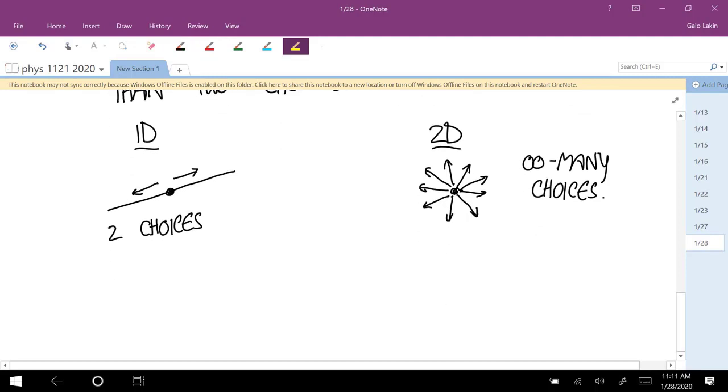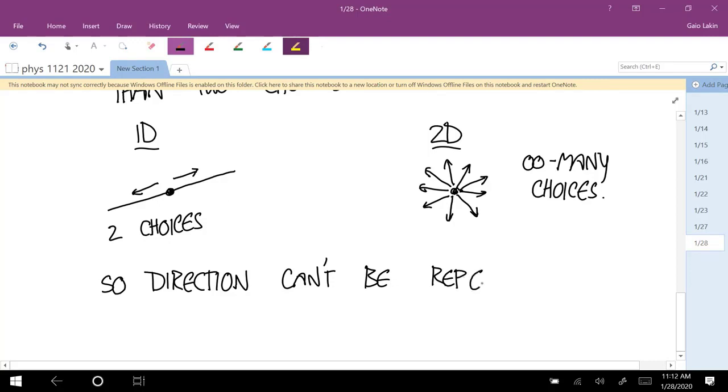So representing the direction by a positive or a negative isn't going to work anymore. So direction can't be represented by plus or minus. It can still be represented by an arrow, though, and that's what we're going to do.